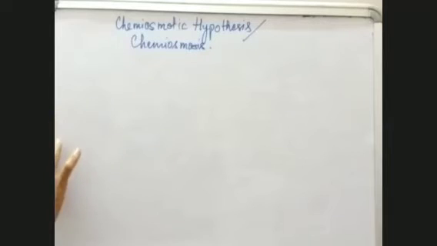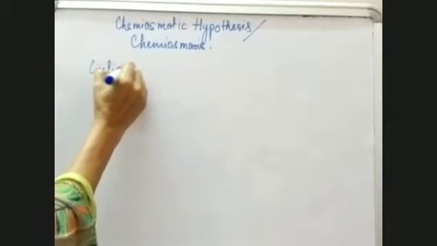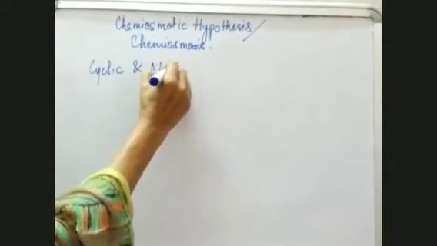So today, children, we are going to start with the new topic, and the topic is chemiosmotic hypothesis. Till yesterday, we did the cyclic and non-cyclic photophosphorylation.